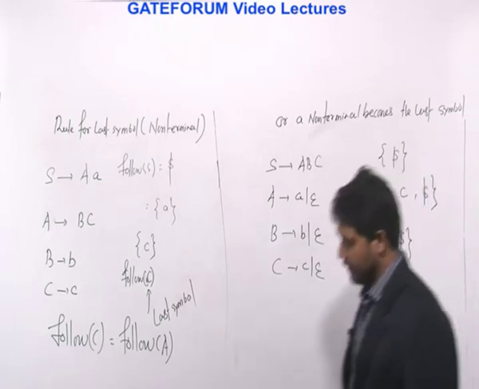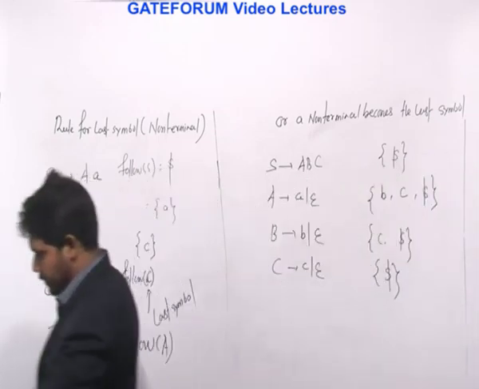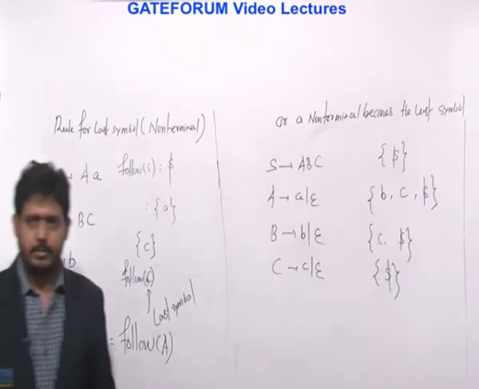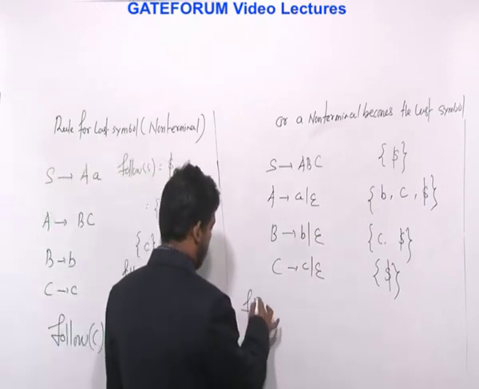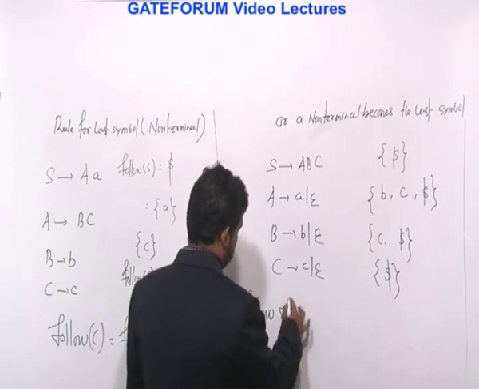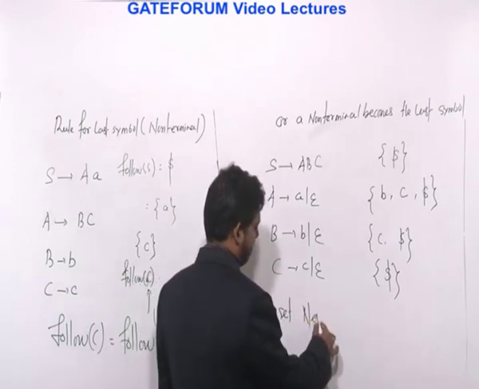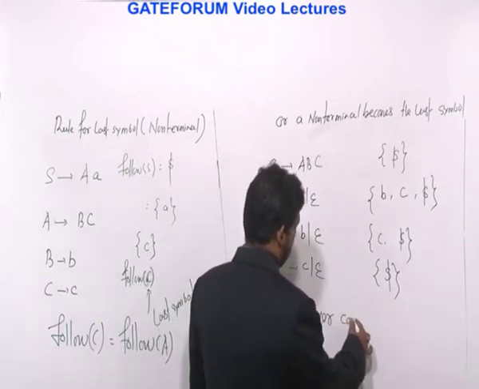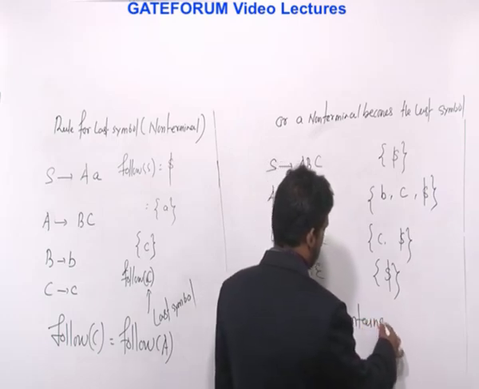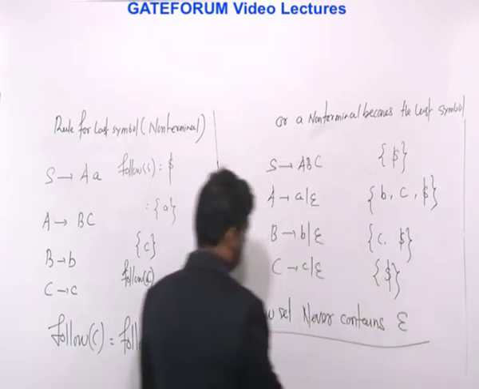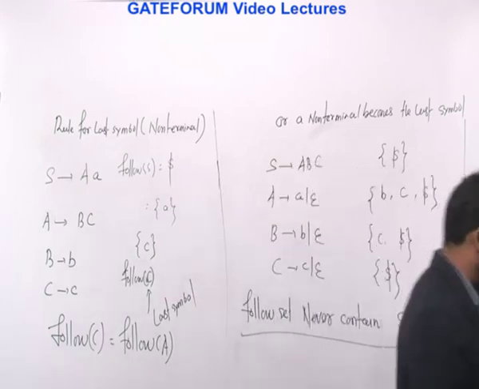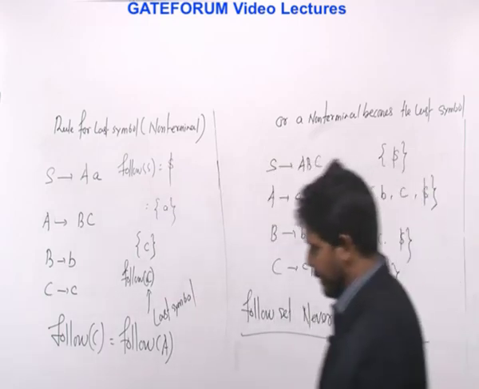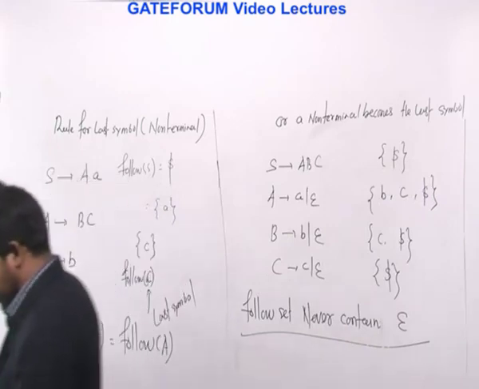Now you observe, we are done with our rules. You observe one situation in this case: the follow set never contains epsilon. And the first set will never contain dollar.